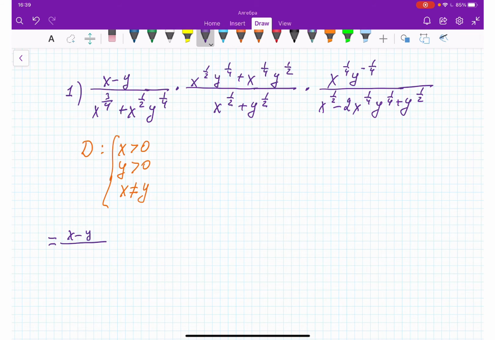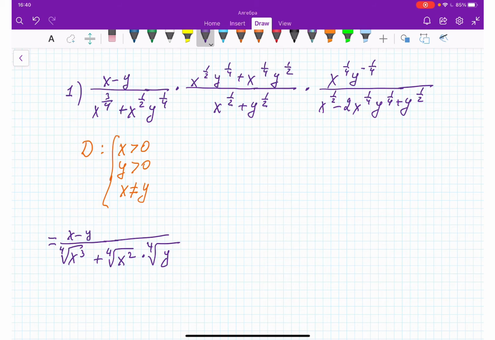Here x to 3/4 is going to be the radical of degree 4 of x to power 3, right? Plus the radical of degree 4 of x to power 2, and times the radical of degree 4 of y.